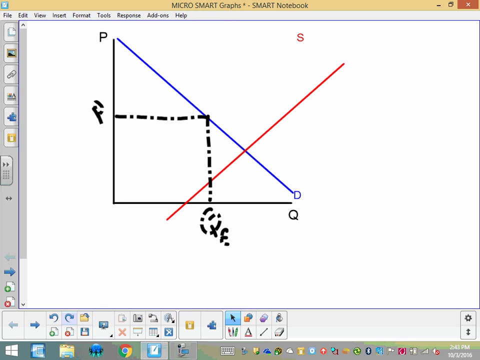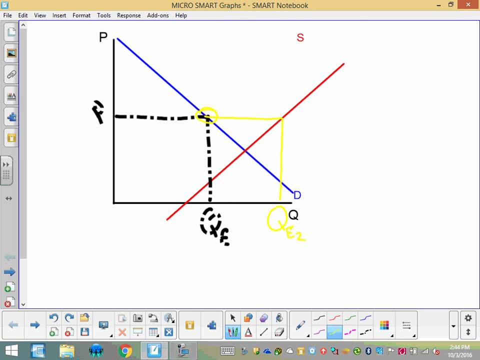How so? Where would the market be? The market's going to be sitting right about here. But at that price, how many will be supplied? This new supply. Meaning, what will we have very quickly?